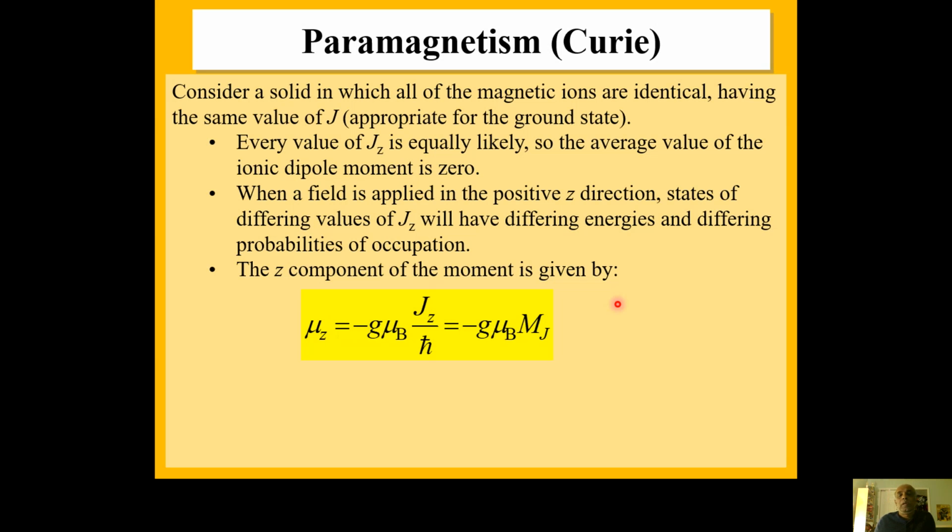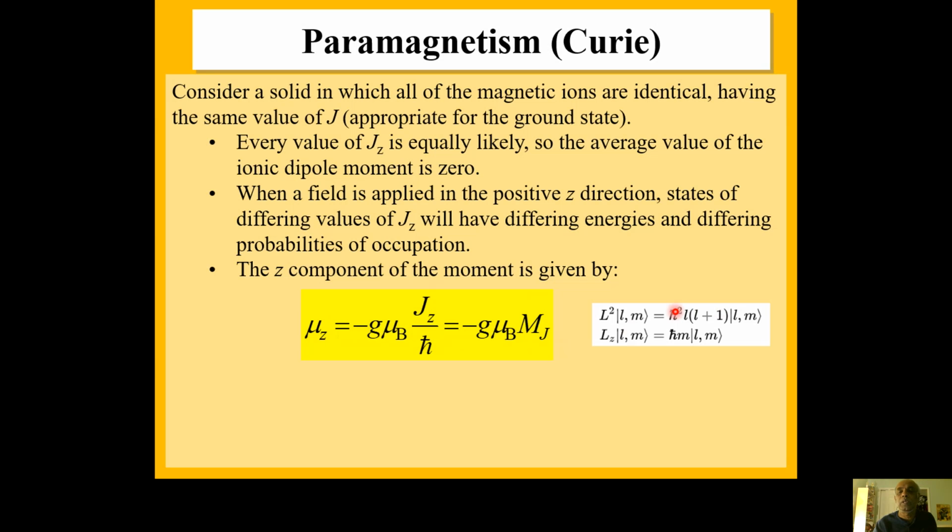Remember, the eigenvalue of J squared is given by J(J plus 1) h bar squared. Similarly, Jz is given as mj h cross. If you do that, you get simply mj, that quantum number mj.